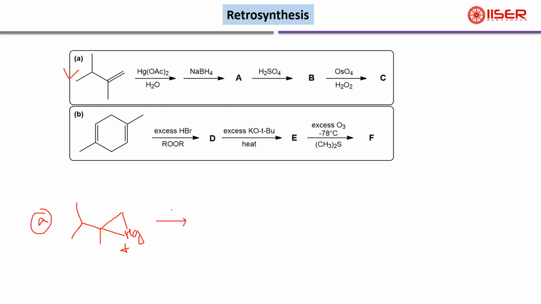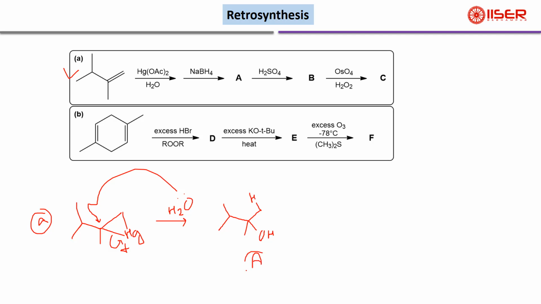H2O will attack at this place where the carbocation will be more stable. Next, the mercury group will be reduced by NaBH4. So this will be our A.